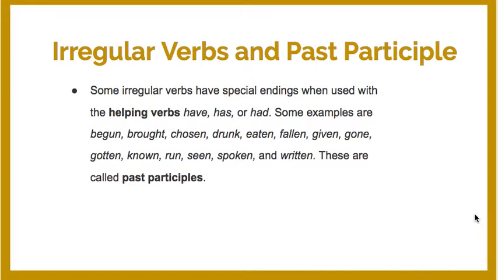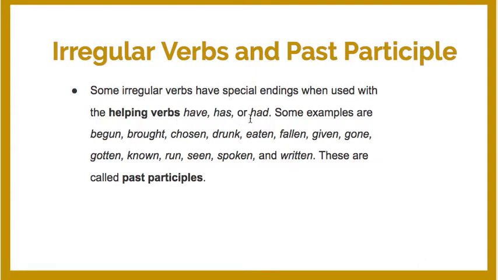So some irregular verbs have special endings when we use them, and they have to have some helping verbs with them, such as have, has, or had. And some examples that we would have for using these would be begun, brought, chosen, drunk, eaten, fallen, given, gone, and so on. So we call these past participles when we have to add a helping verb to them.